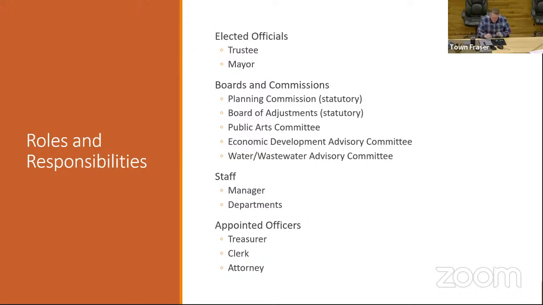The next 3 committees, and this is a statutory right given to local governments, is the ability to establish committees to help with the governance of the town. We have 3 primary committees. We have a Public Arts Committee, and this committee is composed of, I don't know how many people, probably 20 people, because it's such a fun committee to work with.